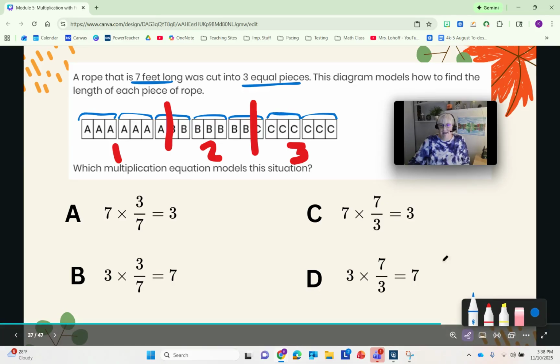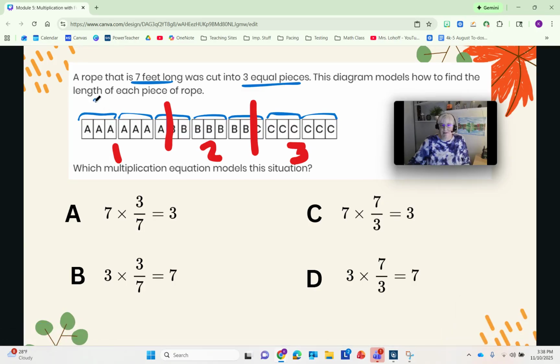Okay, so we have 1, 2, 3. This is 3/3. And 1, 2, 3. This is 3/3. And this is 1/3. So this is one part of the rope that was cut from the 7 foot long rope.